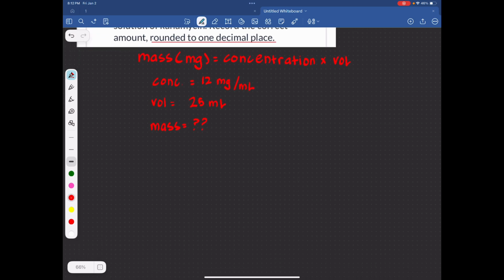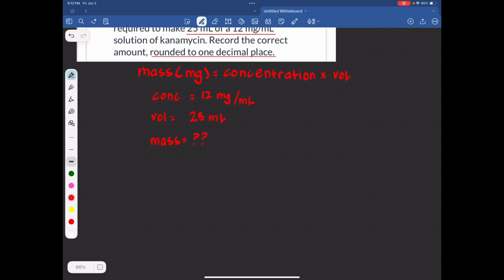So let's substitute the values into our formula. So we've got mass is equal to 12 milligrams per milliliter times 25 milliliters.